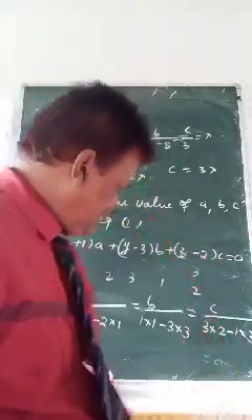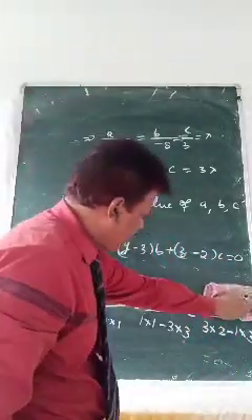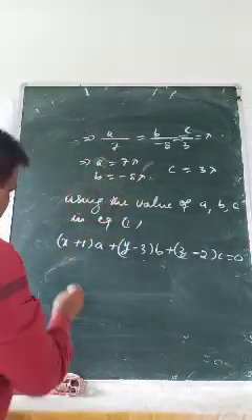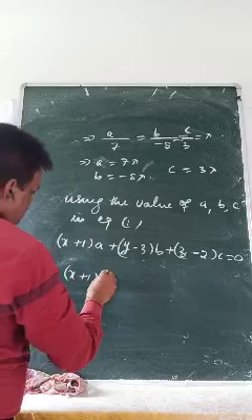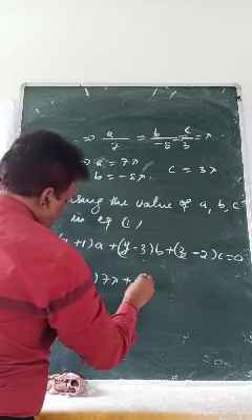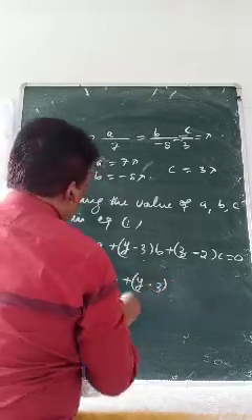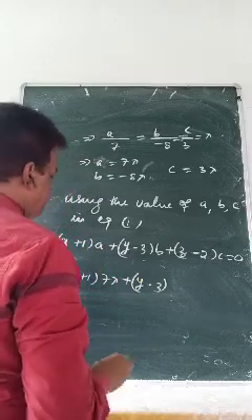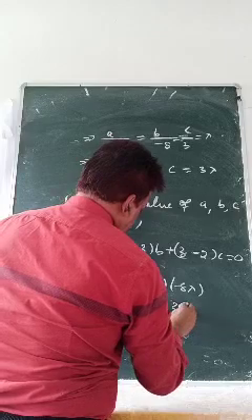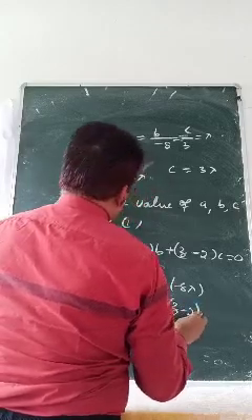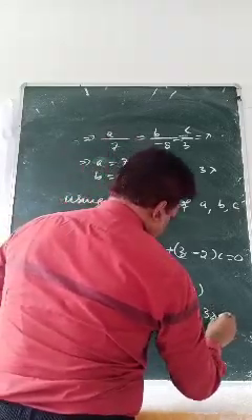So put the value of ABC. You will get x plus 1, 7 lambda, y minus 3, minus 8 lambda, z minus 2, 3 lambda equals 0.